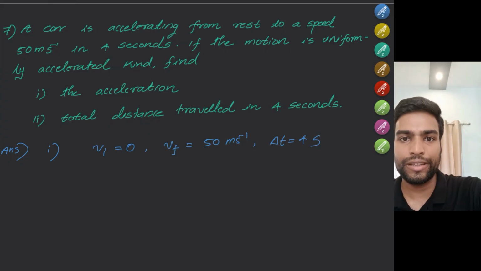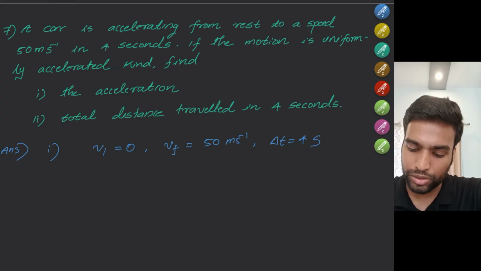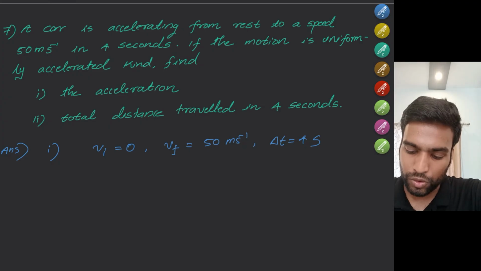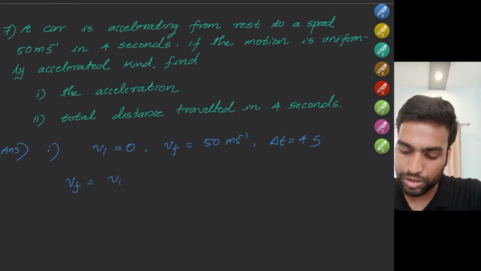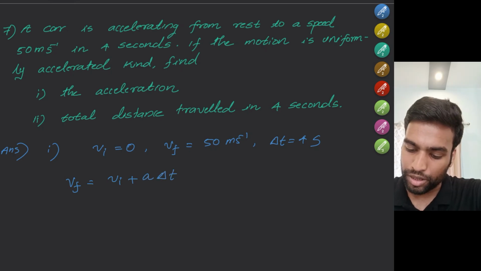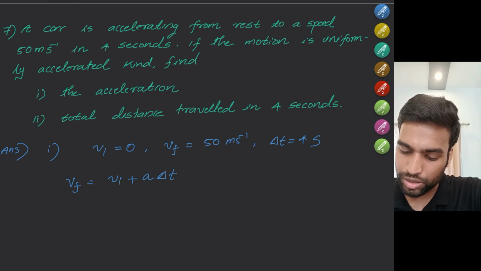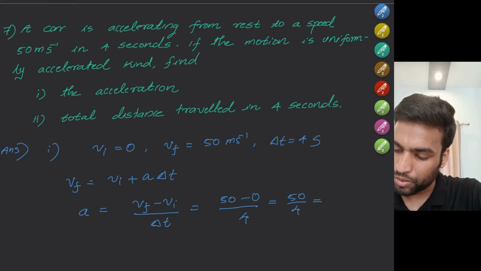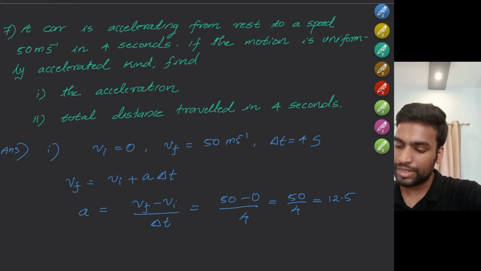Therefore we can use equation of motion 1, vf is equal to vi plus a into delta t, and by rearranging I can write a is equal to vf minus vi divided by delta t, that is 50 minus 0 divided by 4, which is 50 divided by 4, 12.5 meter per second square.